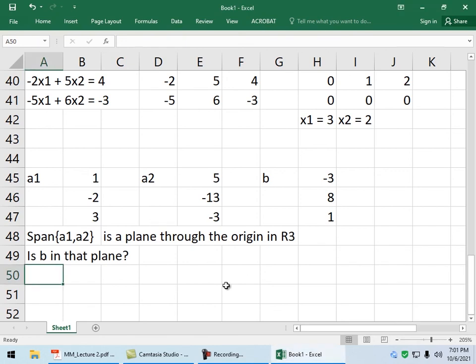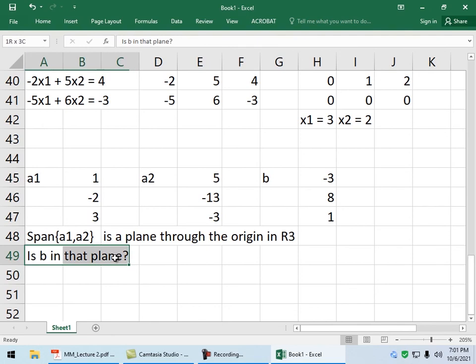Questions like this are very common in linear algebra. What does it mean? Does the linear combination of vectors a1 and a2 produce b? If a linear combination produces b, that means that the system has a solution.